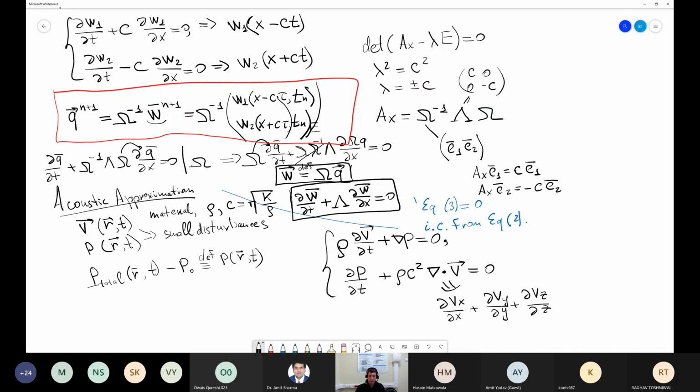Matrix omega is pre-calculated, so we can use it analytically. Then we will solve the transport equations for W1 and W2.